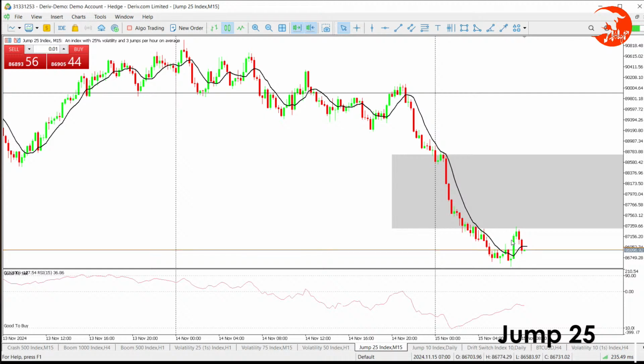Looking at what I have on M15, I'm seeing some buys, so I can make my entry here for some buys there, and I'll put my stop loss just a bit there.